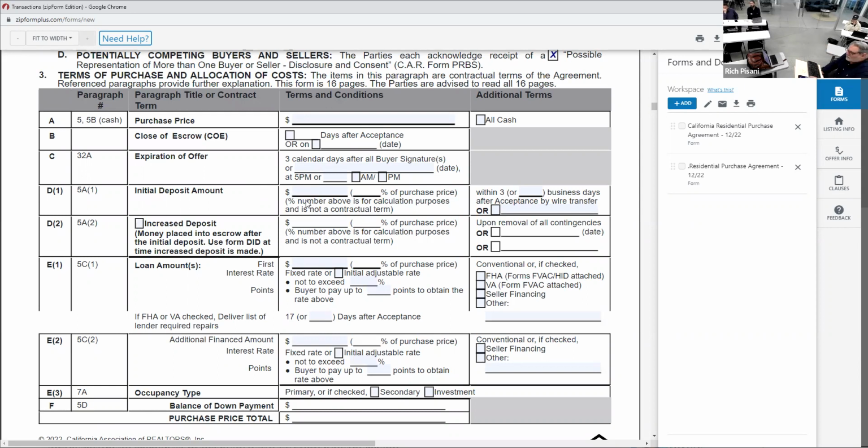I've had instances where, because there were delays on the lending side, they said, okay, fine, we'll let you go another week or few days if you give us more deposit. Yes, there you go. Thank you, Cindy.